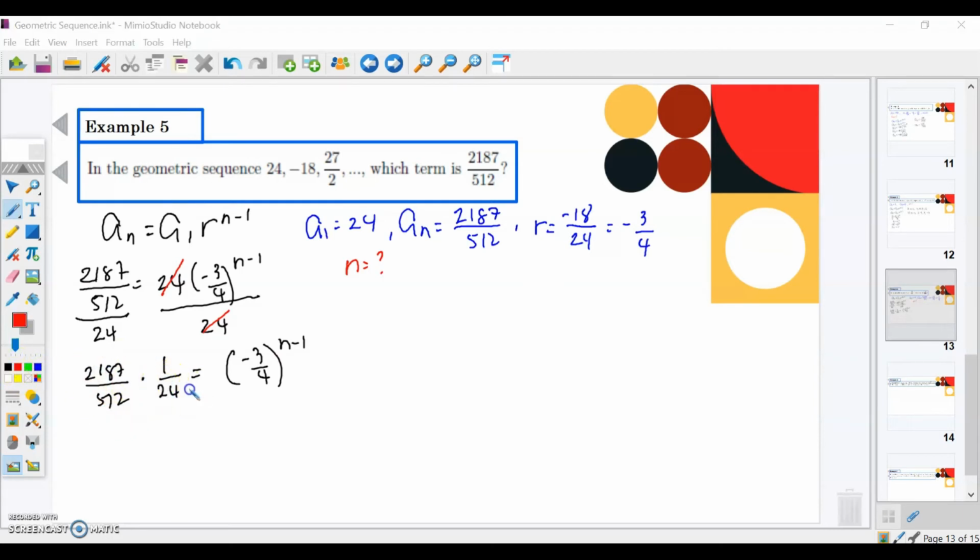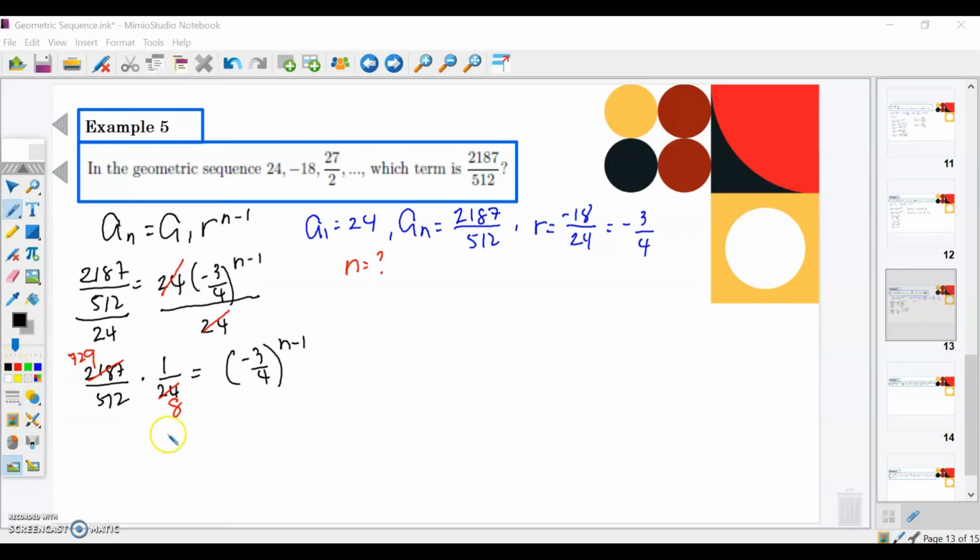Now, what is the simplified form of the left side of our equation? Take note that 24 and 2,187 have a common factor, and their common factor is 3. So if we divide 24 by 3, this will just give us 8. 2,187 divided by 3 will give us 729.